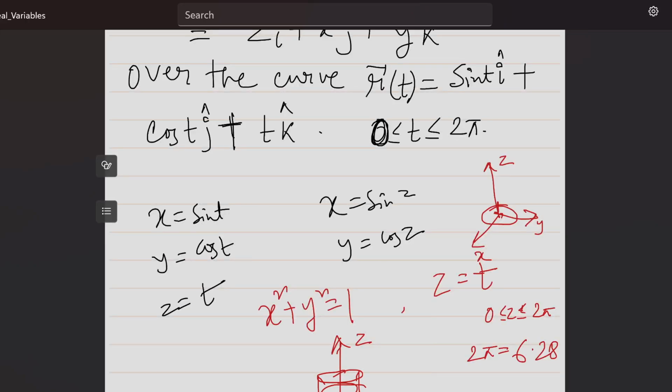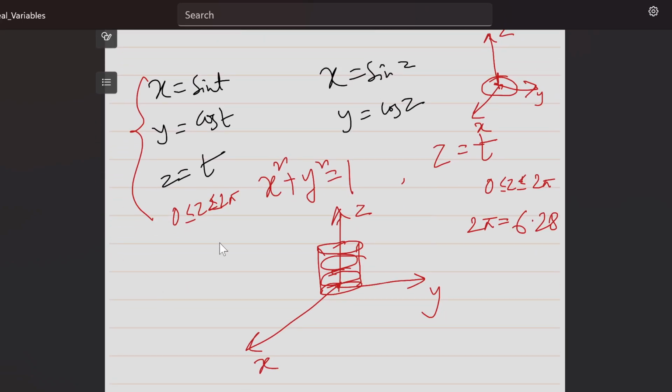Understand the graph. 2 pi is not an angle like you are thinking. To draw the graph here, it is x square plus y square is 1 and z running from 0 to 2 pi, because t is running from 0 to 2 pi.